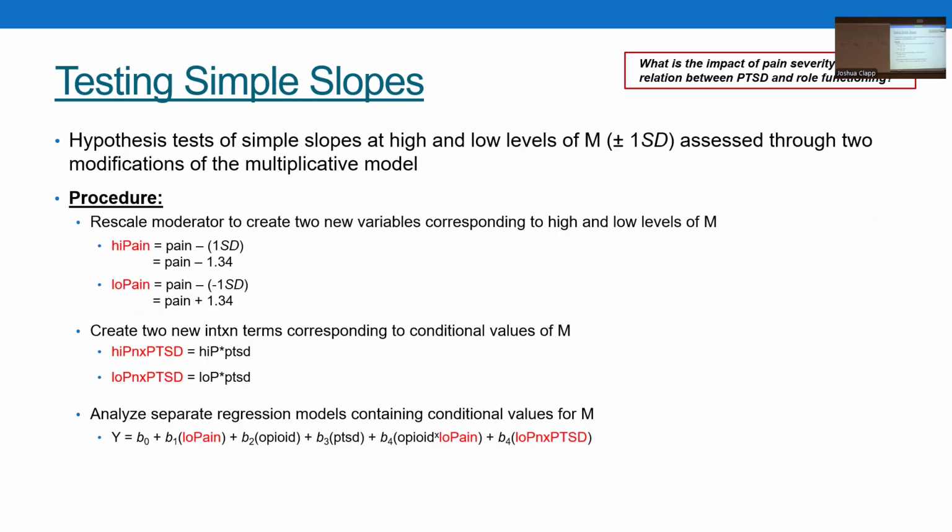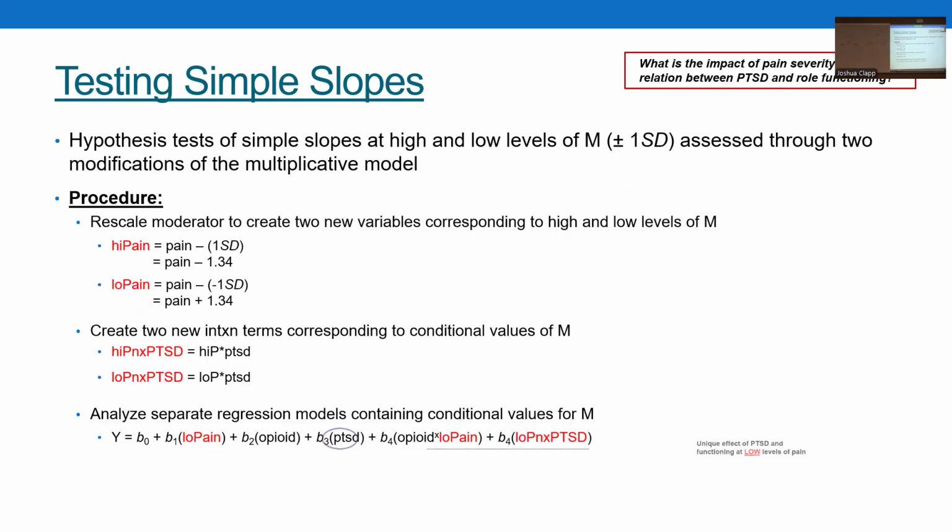You're going to swap out your centered pain variable for low pain, plus opiate use, plus PTSD, plus your interaction for opiate use by low pain, and an interaction of low pain by PTSD. Because we've got a couple things in here, we would also create interaction terms for low pain and opiate use, so everything lines up here.